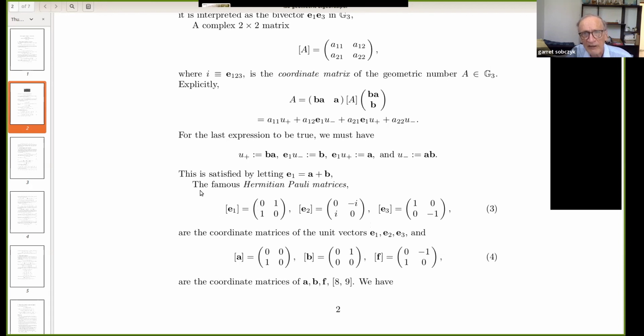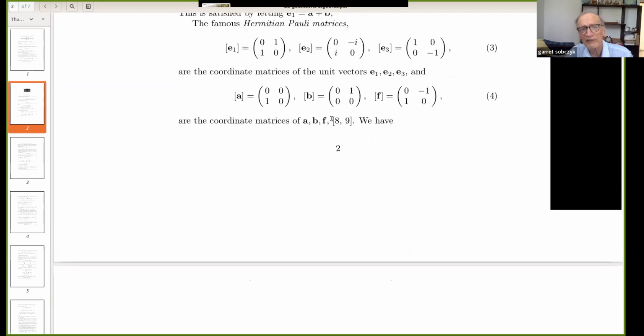These are the generators of the geometric algebra G3, whereas A and B are generators of the geometric algebra G11. But in that case, A represents a real matrix. These A11, A12 are real numbers. But in the complex case, when we interpret them as complex numbers, then it becomes a Pauli algebra generated by the Pauli matrices, which are usually represented by sigma 1, sigma 2, and sigma 3.